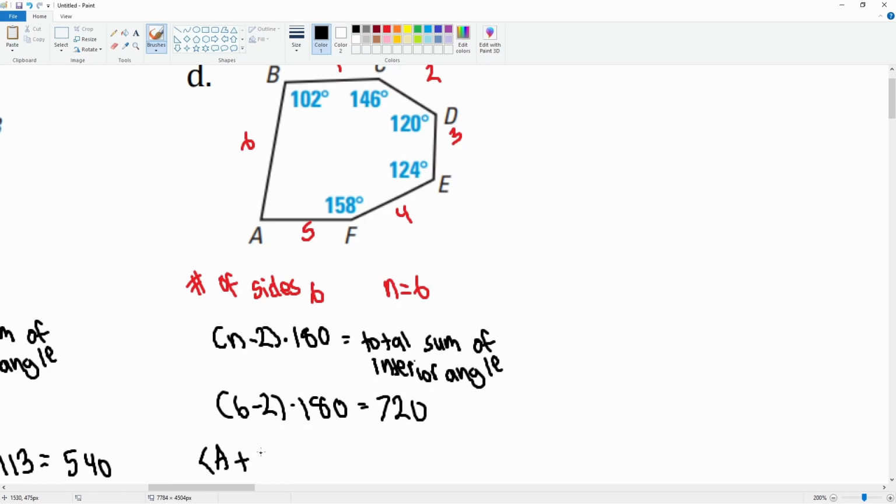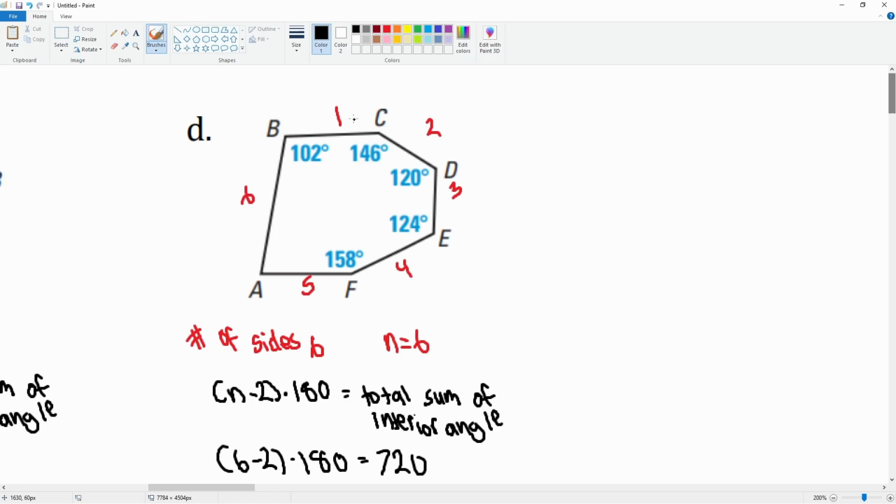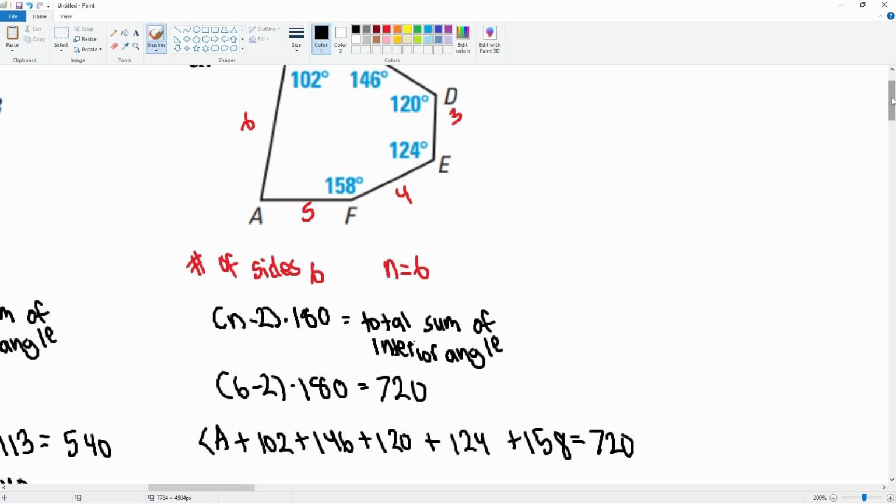Angle A plus 102 plus 146 plus 120 plus 124 plus 158 is equal to 720. Let's combine some like terms. Hold on, let me see. 1, 2, 3, 4, 5, 6. 6 minus 2 times 180 is 720.